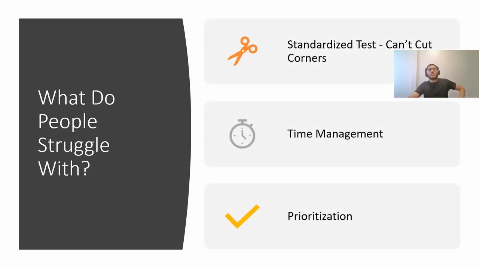So let's talk about the things people struggle with. The first thing is that as a standardized test, the questions are designed in a way where the choices will appeal to you. So if you tried answering a question and you made a tiny mistake, you're still likely to end up with an answer that you see on one of those choices, and that gives people a sense of comfort.